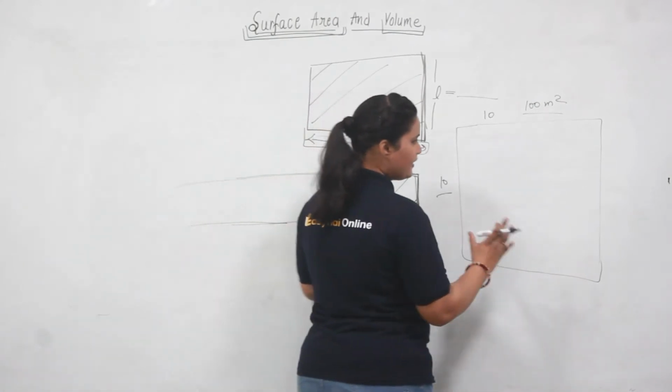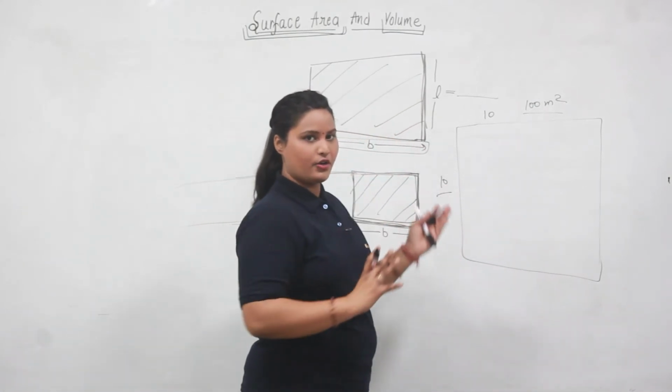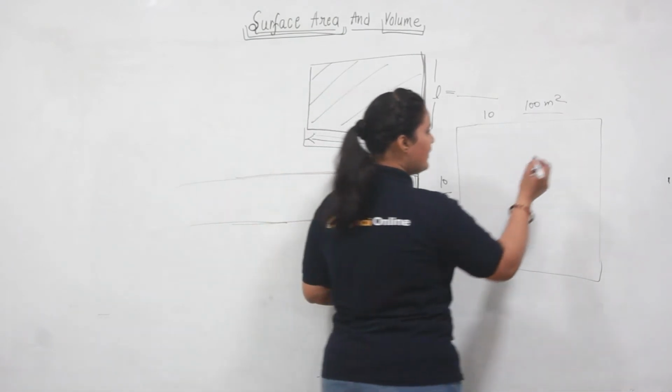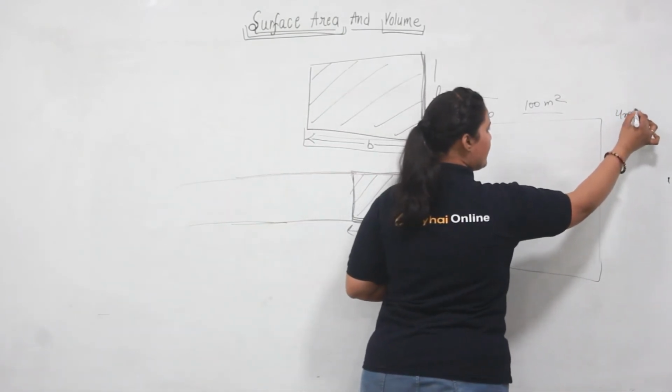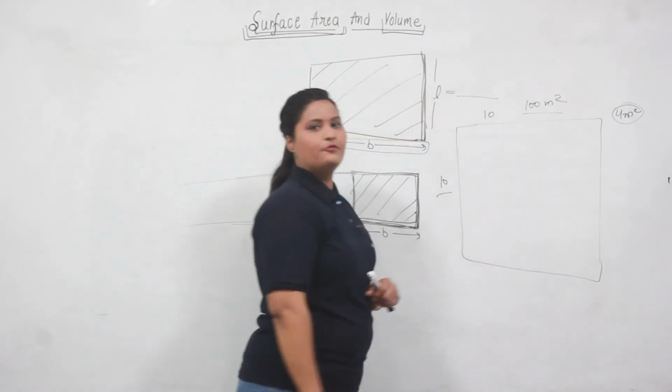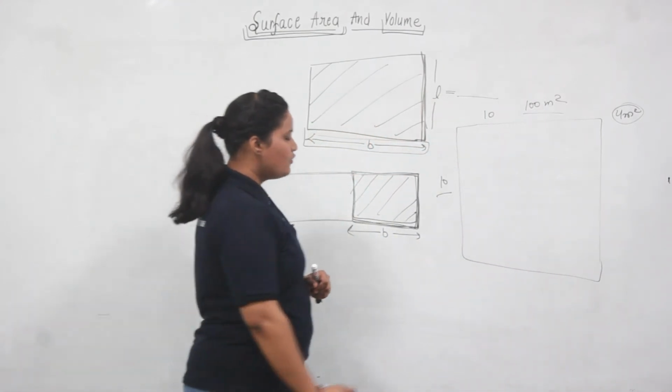Now I have to find a particular part of it. Let's take 4 meters square. If I have to take only 4 meters square, what should I do?